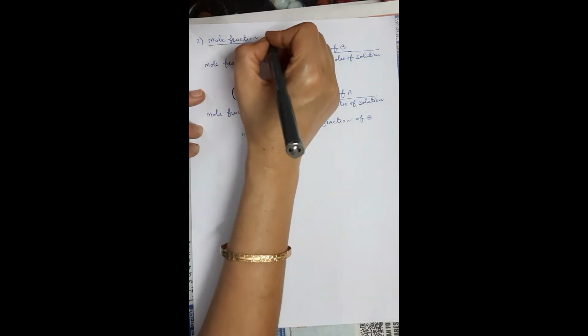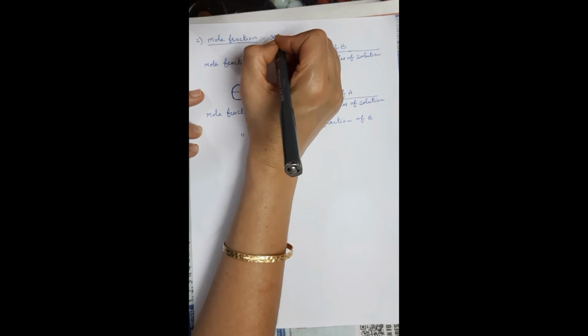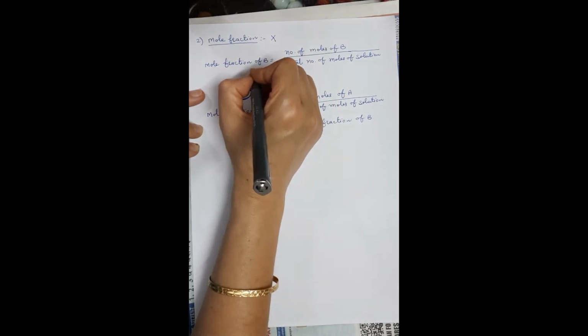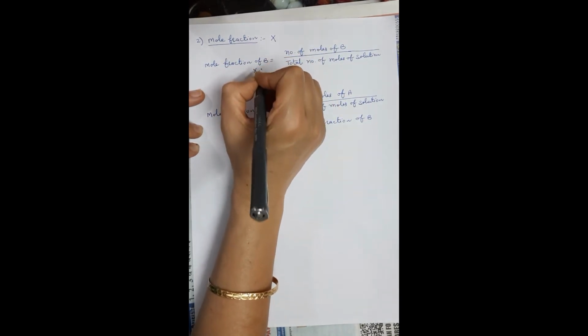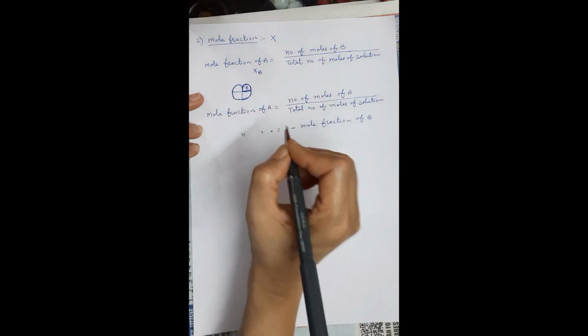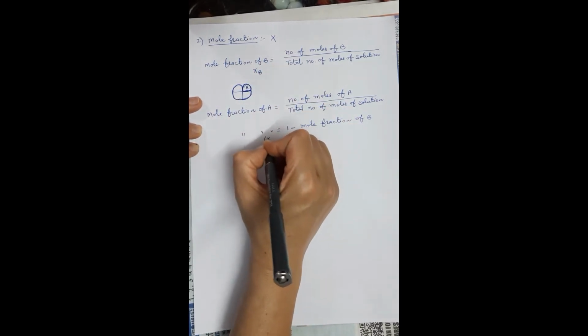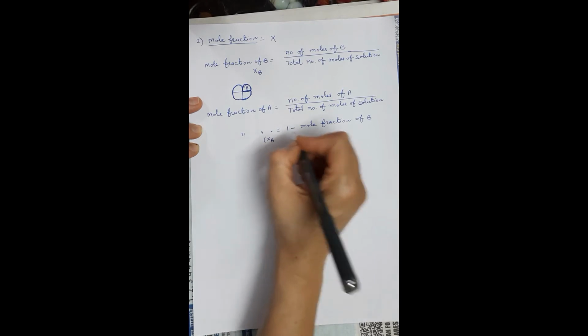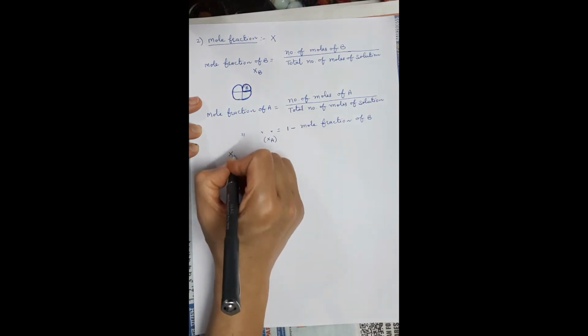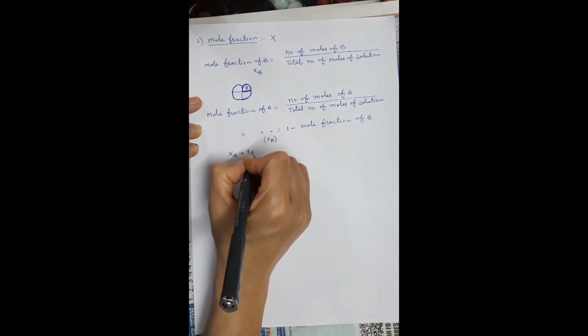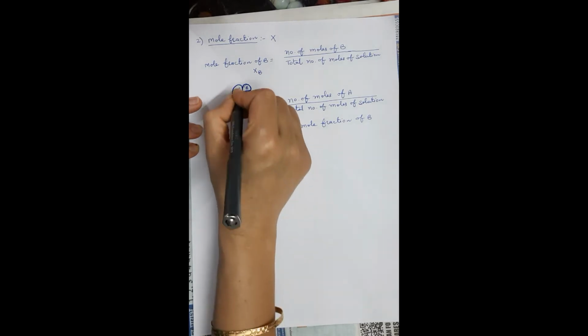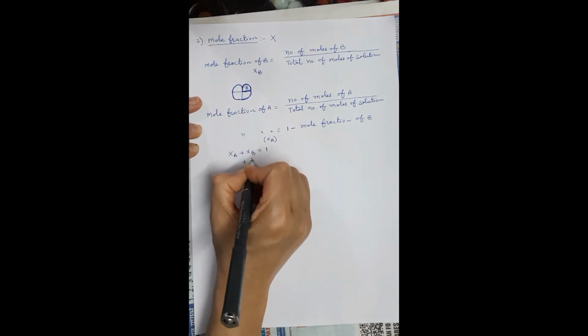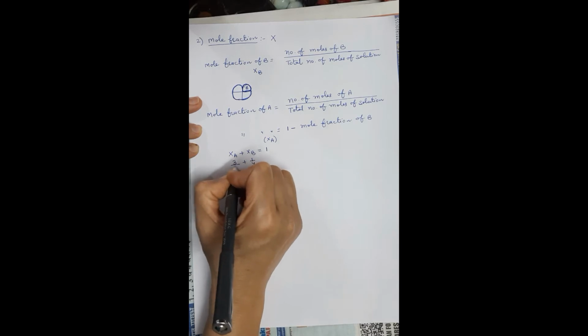Mole fraction is represented by X. So here I'll say XB. Mole fraction of B is XB and mole fraction of A is XA. So based on this, I can say XA plus XB is equal to 1. As I've told you here, B is 1 by 4 and A is 3 by 4.